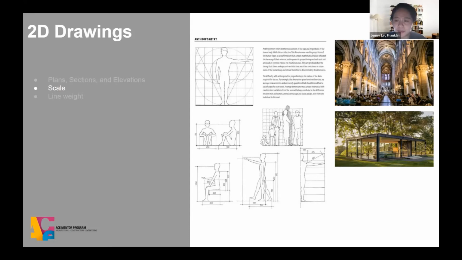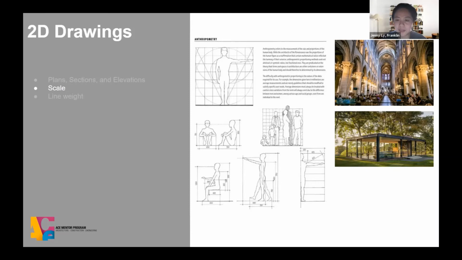The top one is an image of the Notre Dame Cathedral, and that is a very large scale building, and it's supposed to evoke a sense of grandeur and make you feel small and be in awe of the space, versus the building below, called the Glass House by Philip Johnson, which is a residential project. So it's supposed to feel more intimate and cozy.